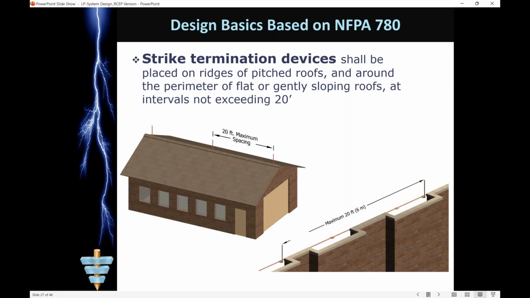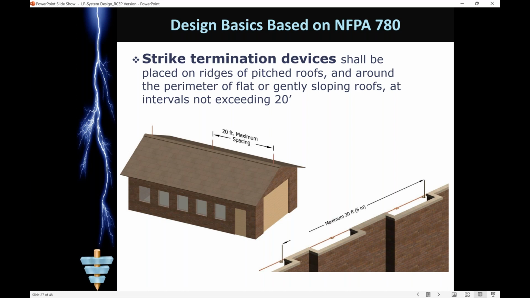Also, they need to be on the ridges of the pitched roofs or on a flat perimeter. We want to make sure we have a strike termination device every 20 feet. So no more than 20 feet, that's where you have to place these.